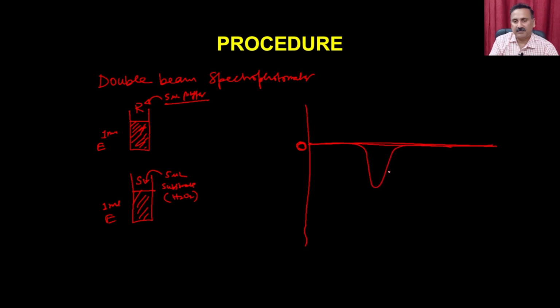If the substrate is interacting, it masks some of the chromophores, and that's why it shows a dip in the spectra. If the substrate is not interacting, then it shows an increase in the spectra.